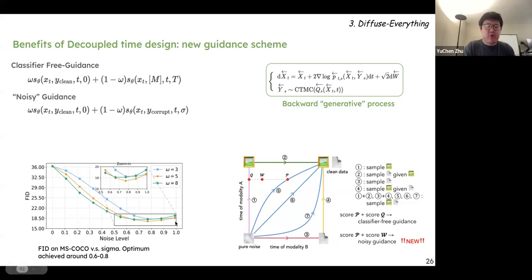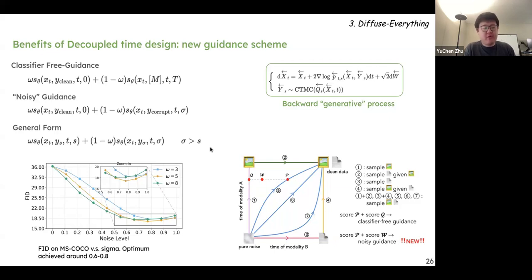As you can see from the figure, where we evaluate FID of the image-text generation on MS COCO, sigma equal to 1 corresponds to classifier-free guidance, and the optimal results actually fall where sigma ranges between 0.6 and 0.9. That is the regime of this noisy guidance, suggesting that this works better than the classical CFG.